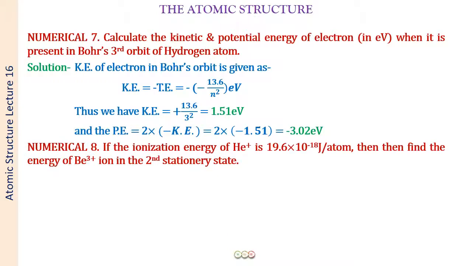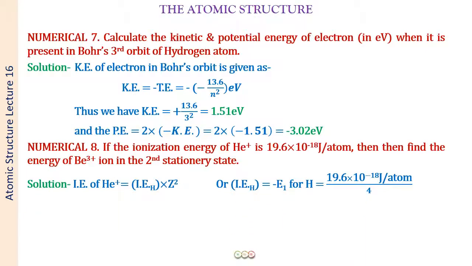Now the next question is that if the ionization energy of He plus is 19.6 into 10 power minus 18 joules per atom, then find the energy of beryllium plus 3 ion in the second stationary state. So the ionization energy of helium plus is going to be the ionization energy of hydrogen into Z square.